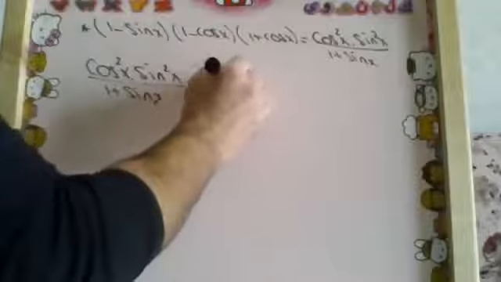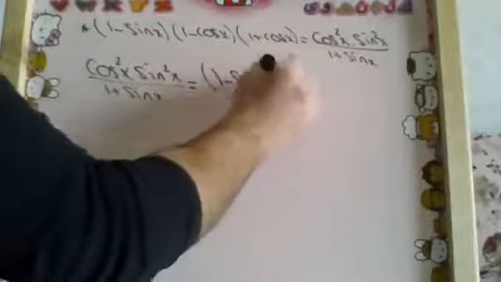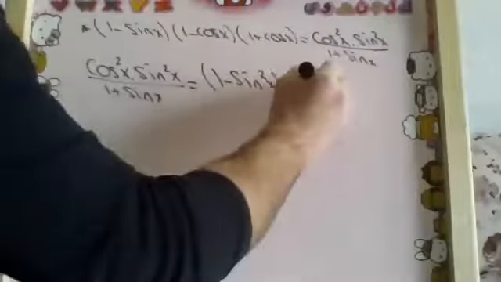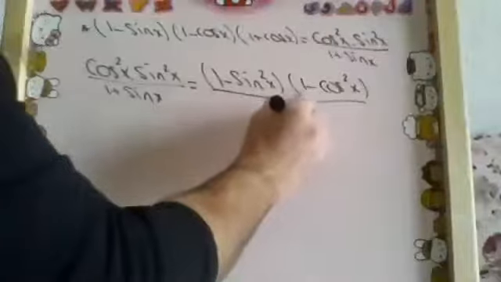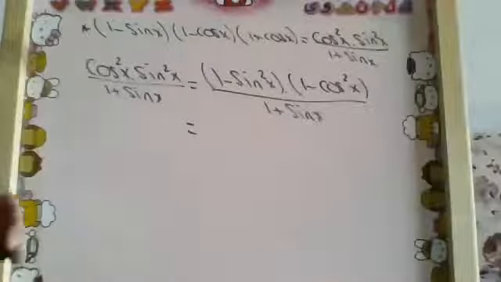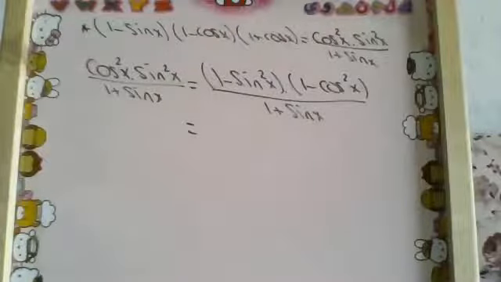That's equal to cosine squared x, which is 1 minus sin squared x, times sin squared x, over the same denominator 1 plus sin x. Good. Factorize. Identity: a squared minus b squared. What's the answer?